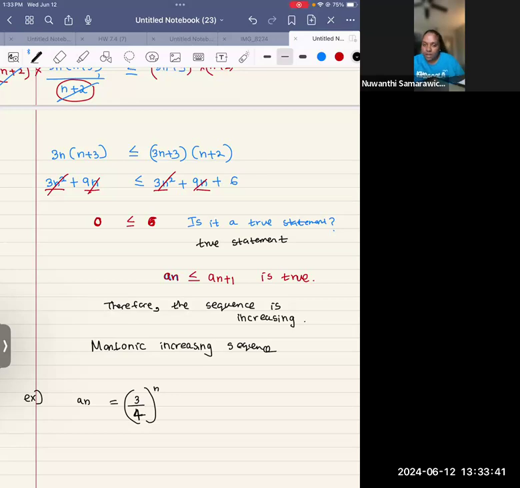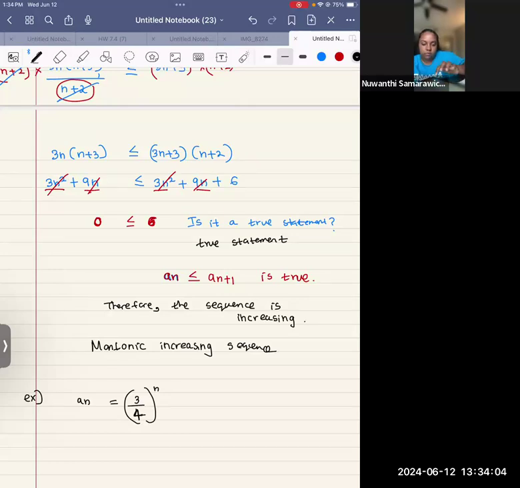So this will be the last question for the day. So the first step is, because in the questions normally they will ask you to first write the first 4 terms.